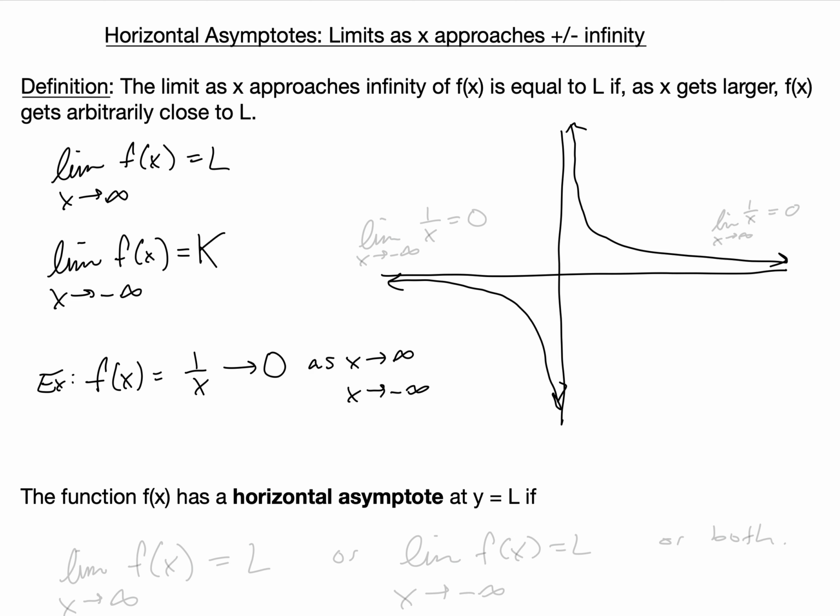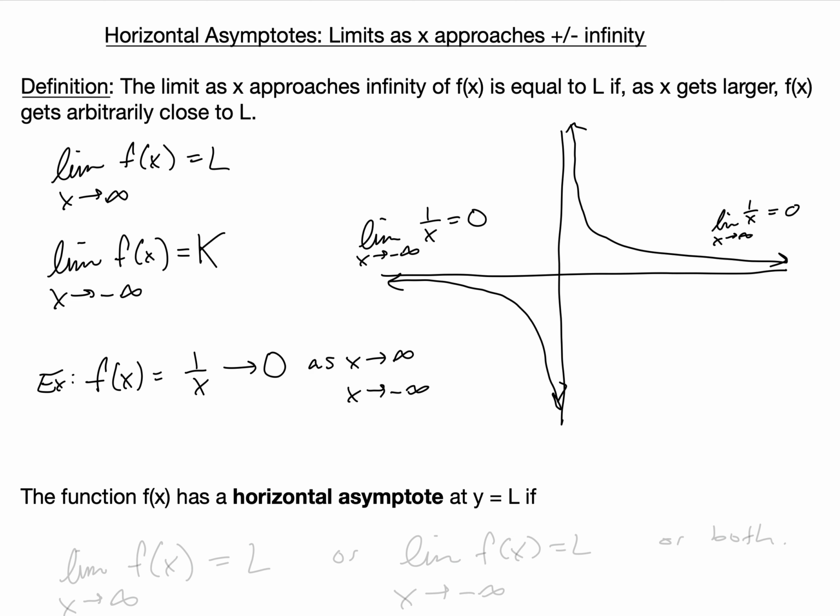approaches negative infinity. As we plug in large values for x, 1 over x gets smaller and smaller and smaller. So this is the limit as x goes to infinity of 1 over x equals 0, and the limit as x goes to negative infinity of 1 over x is also equal to 0.